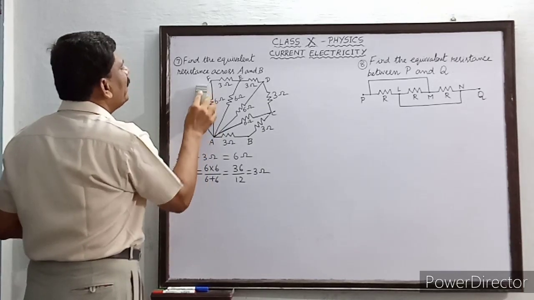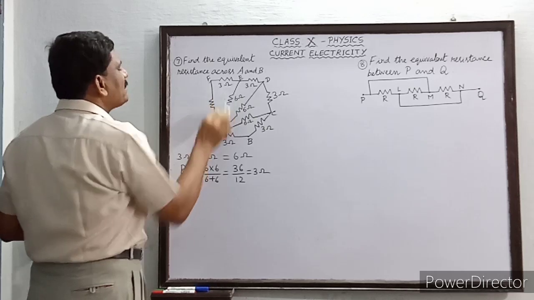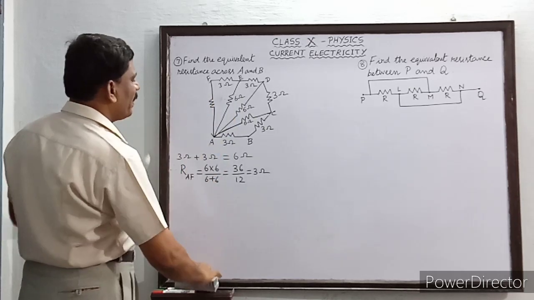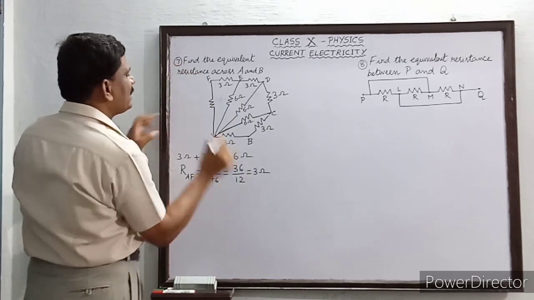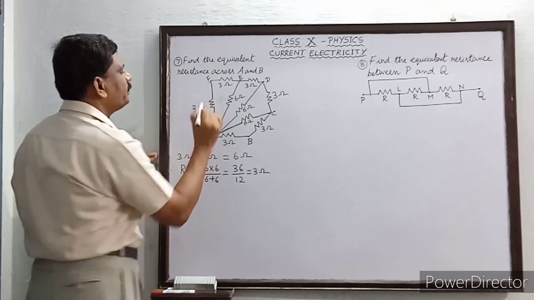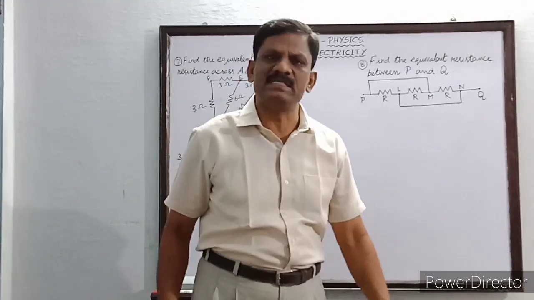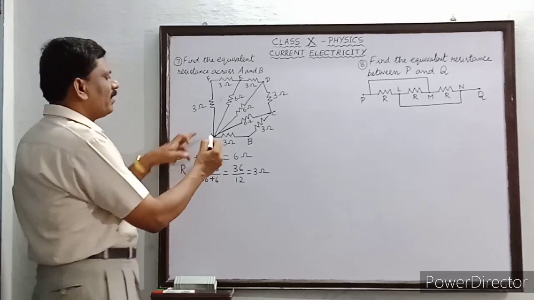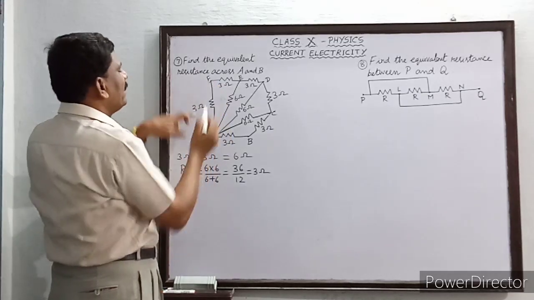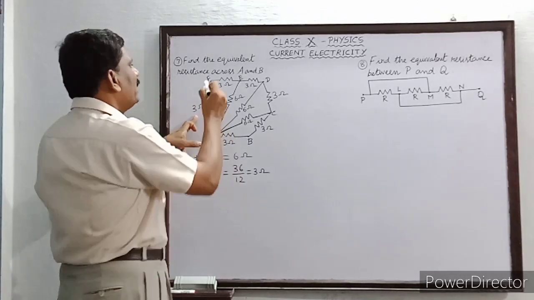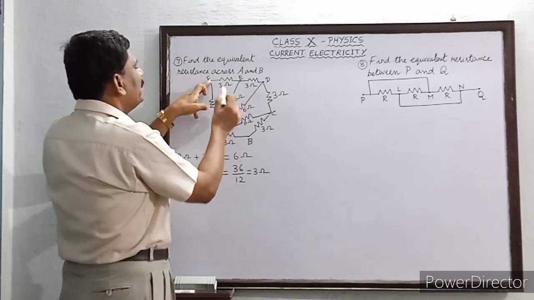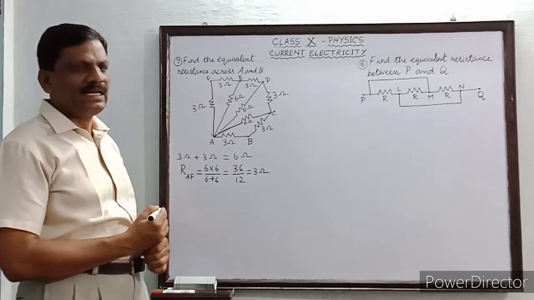So now the resistance between A and F, the effective resistance, is equal to 3 ohm. The circuit is now reduced. Now you come from A up to F, the resistance is 3 ohm, and from F to E, it is also 3 ohm, is it not?